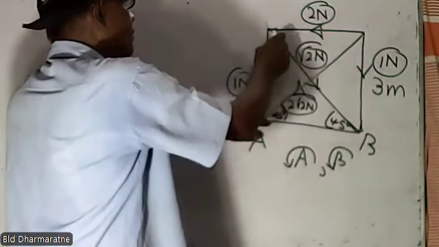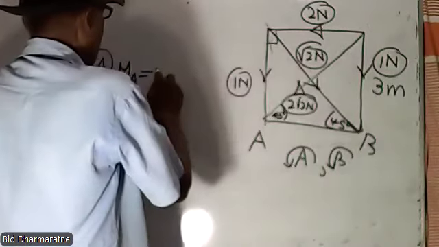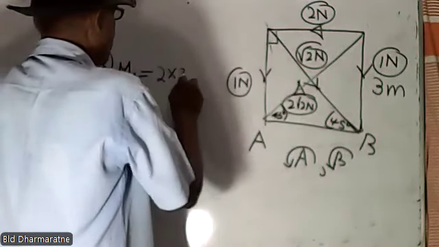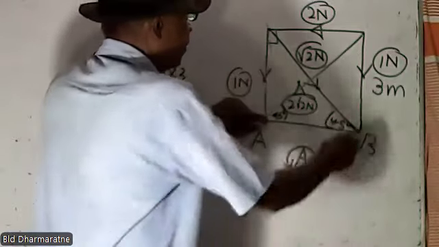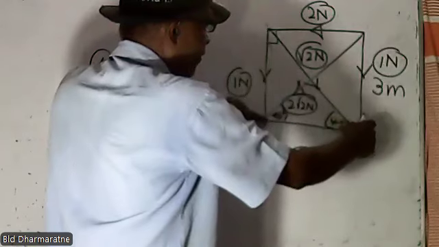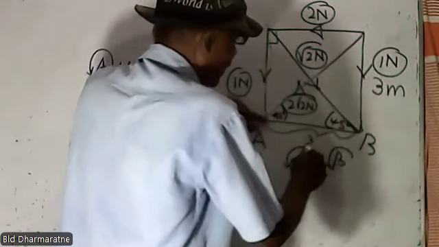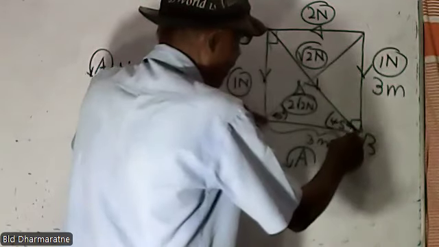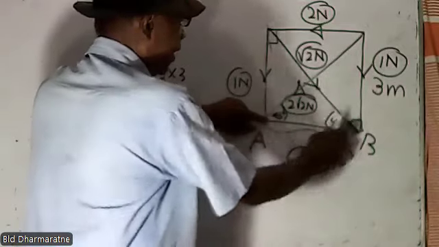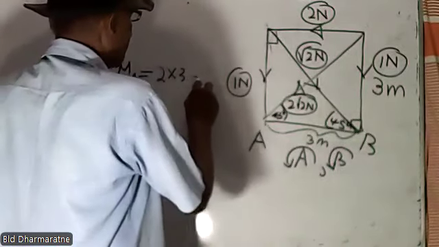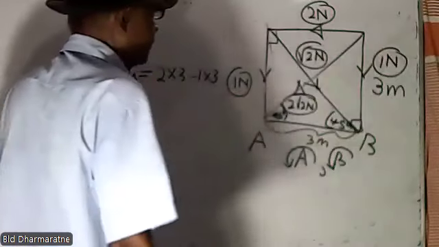Here to here, this is 3 meter. 2 into 3, anticlockwise, the same direction we are considering. The 1 Newton force in this direction, the perpendicular is 3 meter. So 1 into 3, minus 3, because it is clockwise direction.